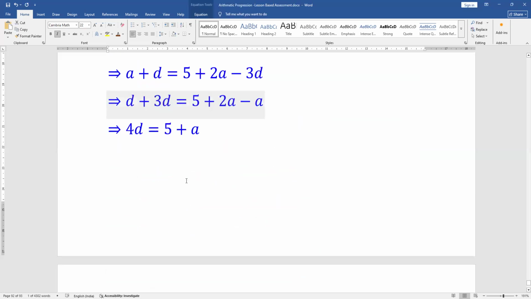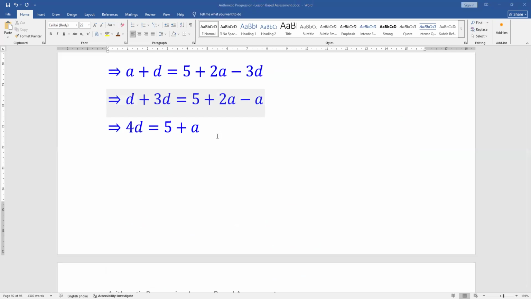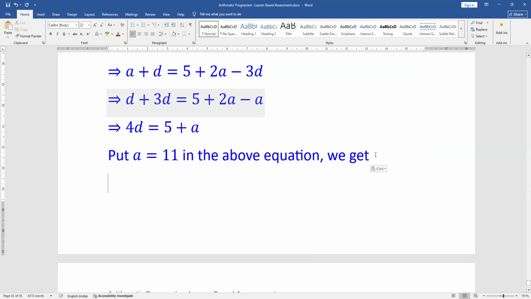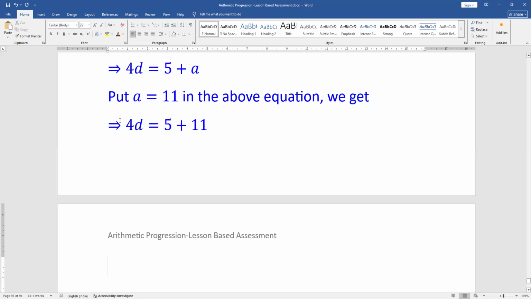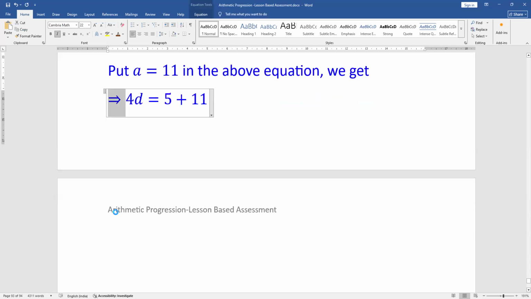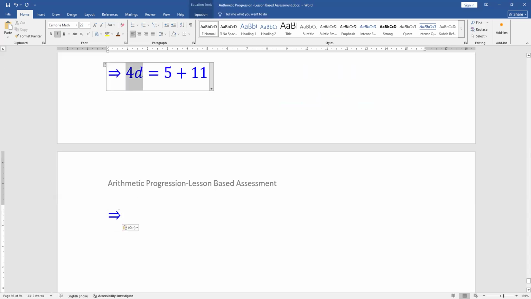Now here you got a as 11, right? So you can substitute a equals 11 in the equation.